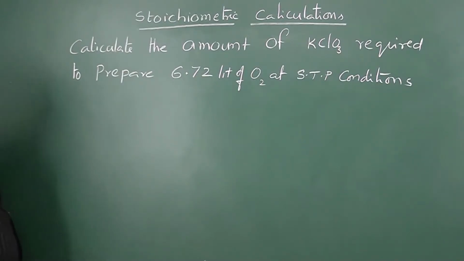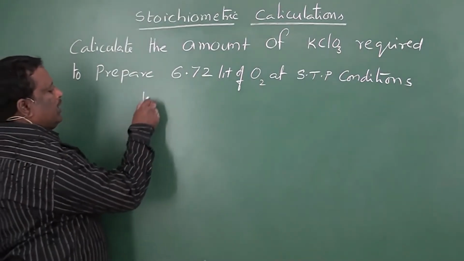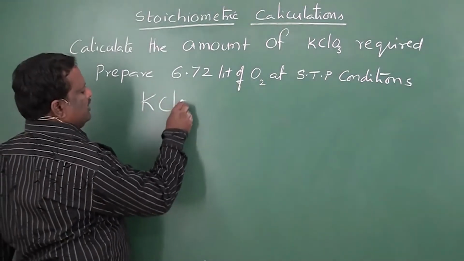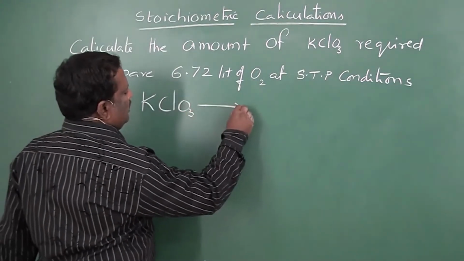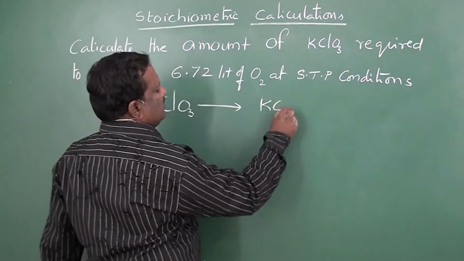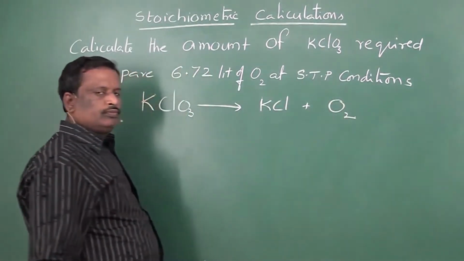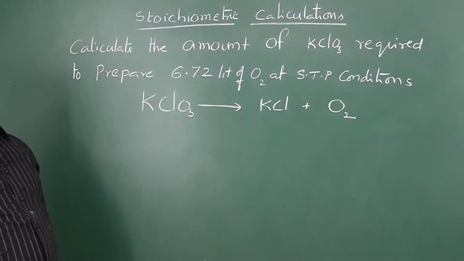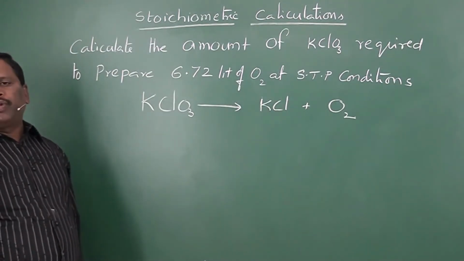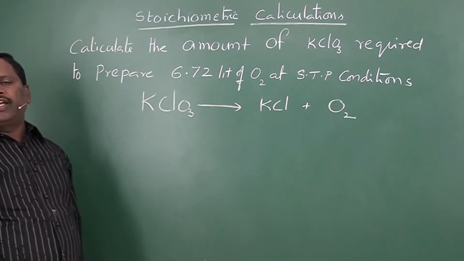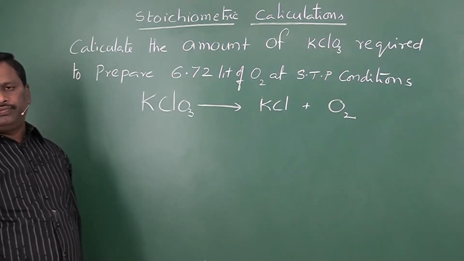We know that the decomposition of potassium chlorate is as follows: KClO3 gives KCl plus O2. This was the skeleton equation for the preparation of oxygen by the decomposition of KClO3.